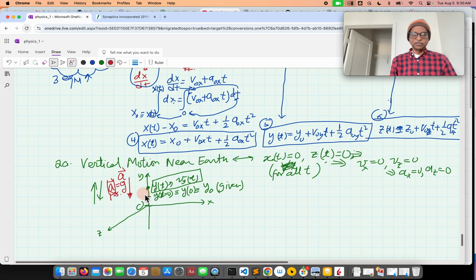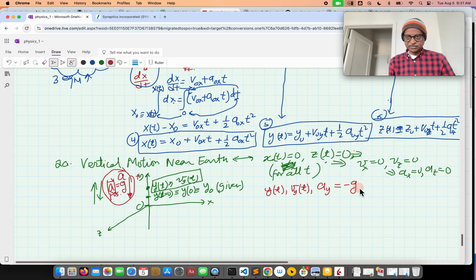So for this motion, y of t, vy of t, but ay, if positive y is pointed up, then ay will be minus g, with g taken as 9.81 meters per second square. But this is not the same everywhere on Earth. We are getting so close to this that it's not so important.